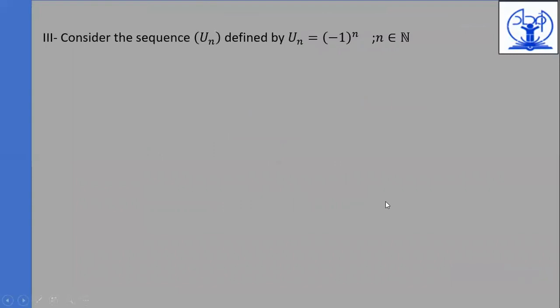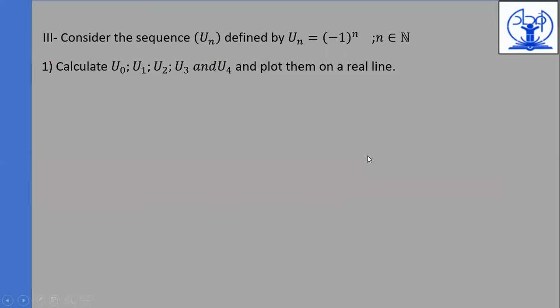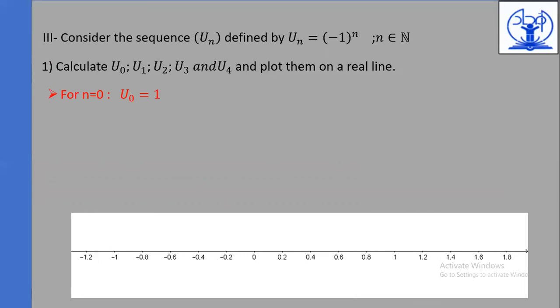Consider now the sequence un equals (-1)^n. The same question, plot these 5 terms on the real line. It's easy here. For n equals 0, u0 is 1. Now, for n equals 1, u1 is -1. Again, u2 will be 1. u3 will be -1.